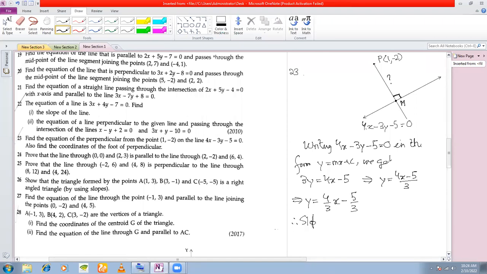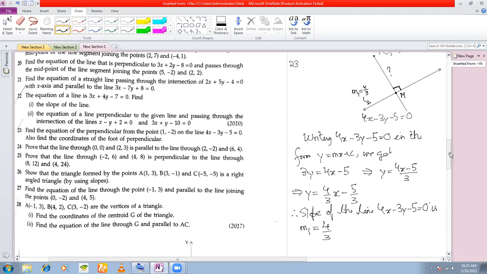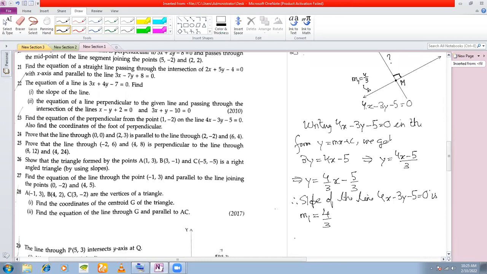So therefore, what is the slope of the given line? Slope of the line 4x minus 3y minus 5 equal to 0, let's call the slope m1, is equal to 4 by 3. So what should be the slope of the line that is perpendicular to this line? It should be the negative reciprocal, right?